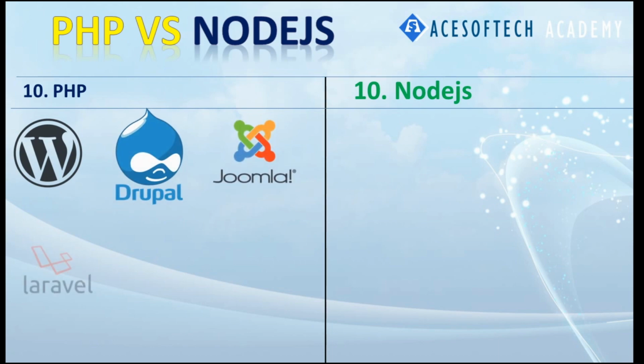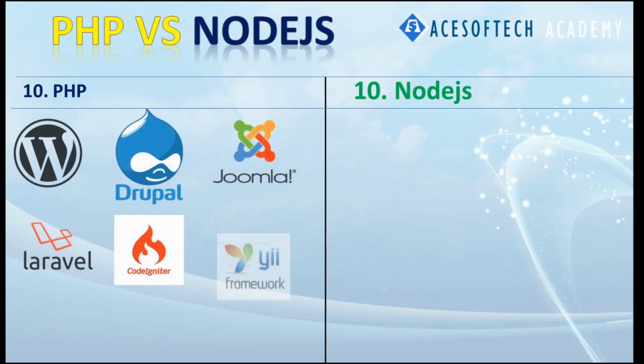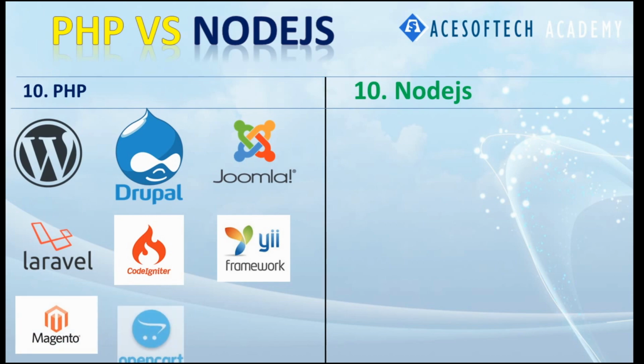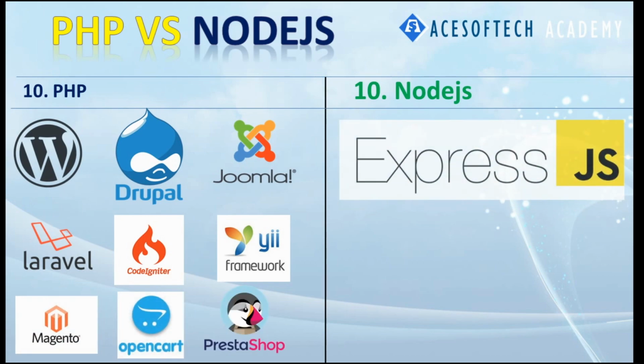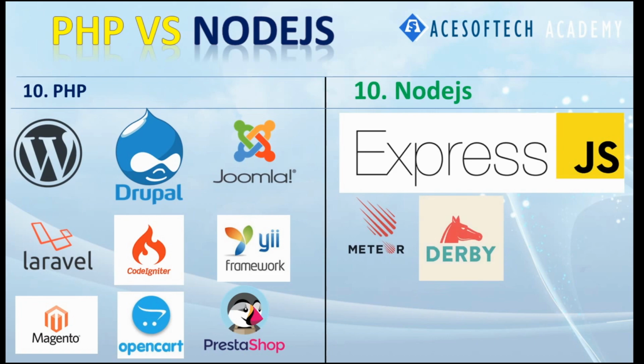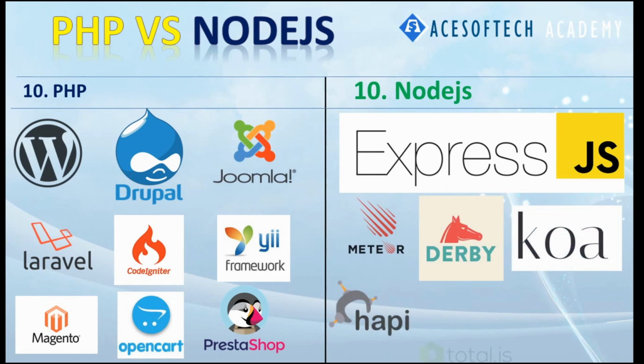WordPress, Drupal, Joomla, these are CMSs or content management systems of PHP. Laravel, CodeIgniter, Zend, these are PHP frameworks, and these are very popular as well.